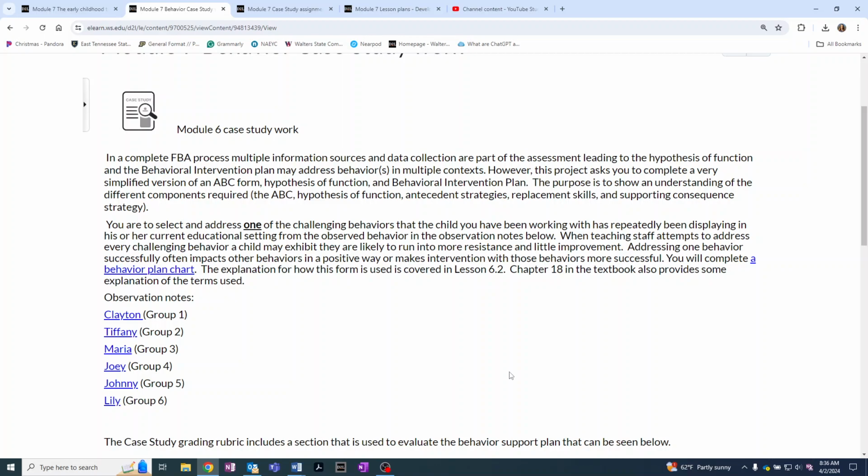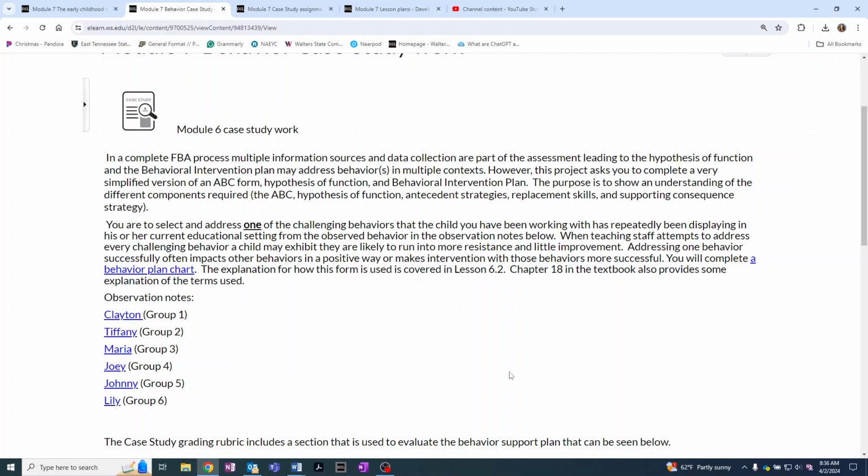So, once you conduct that functional behavior assessment and you collect your data and you come up with the hypothesis of function of the behavior, then you're able to put a behavior intervention plan in place, right? And this behavior intervention plan can address more than one behavior in multiple contexts. So, a functional behavior assessment is a lot, right?